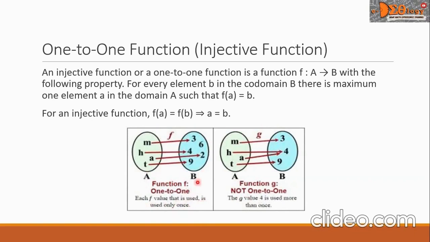It means each used element in group B is used once only. Let's see function G. We have also group A and group B. This function is not one-to-one because in group B, the value 4 is used more than once.